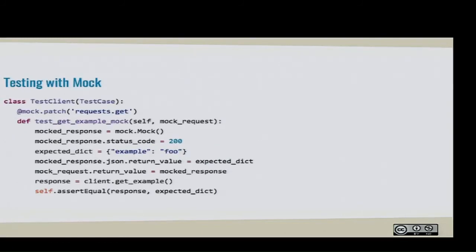Well, you can use mock, that I think has been covered this morning in Alex's talk. As you can see, you have to patch the method that is going to be used. So in our case, we're using request.get. The mock request basically later has to be assigned the return value that we create before, that is mocked response.